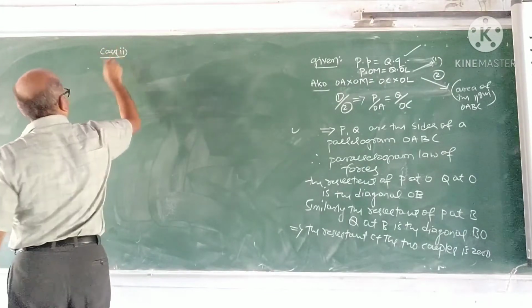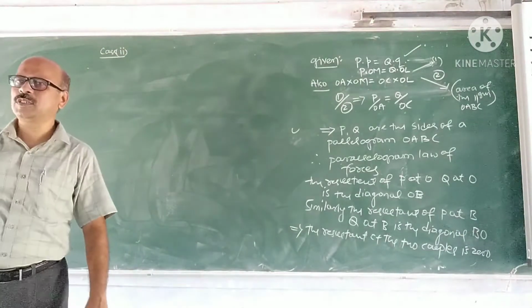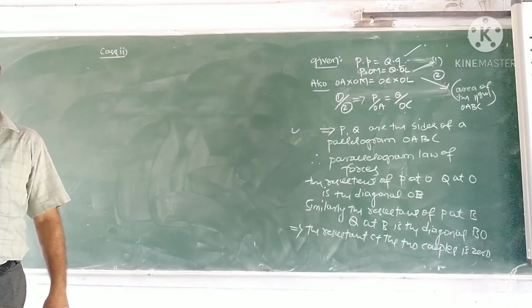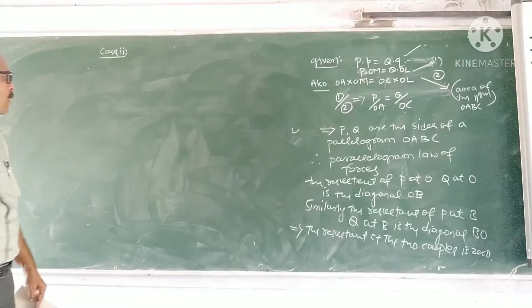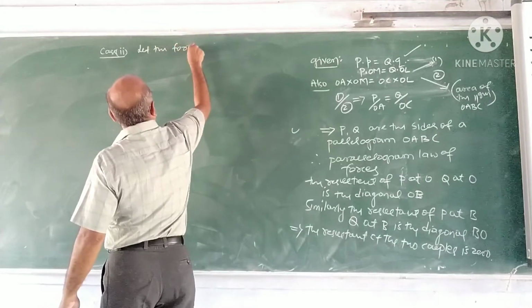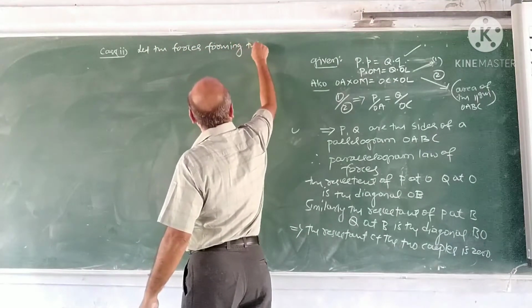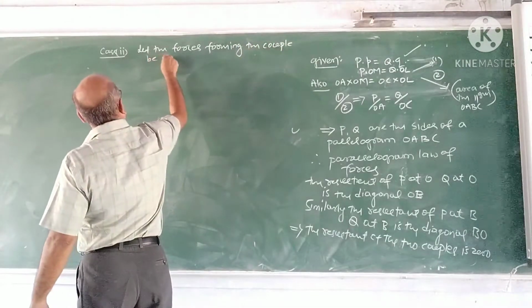To complete that one, the resultant of the two couples is 0. They balance each other. Second case is forces forming the couple be parallel.